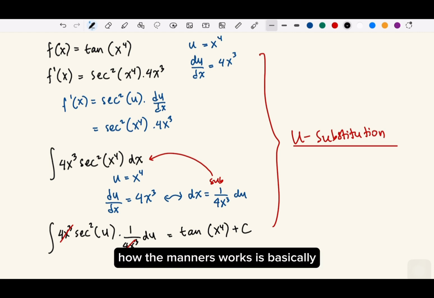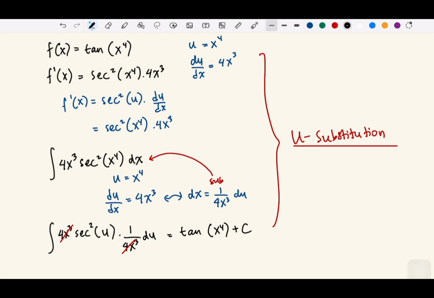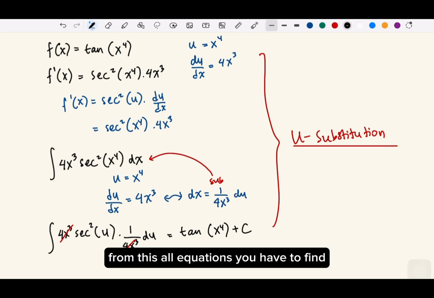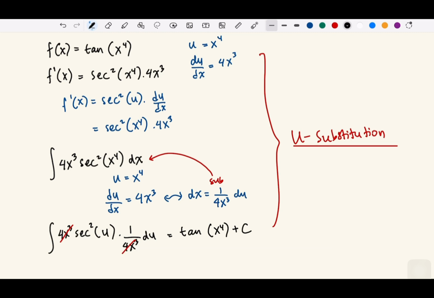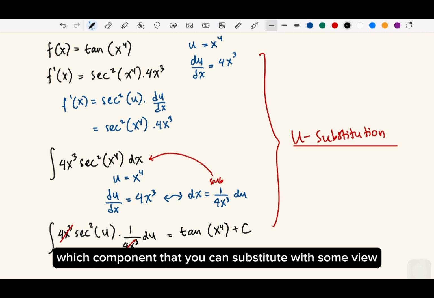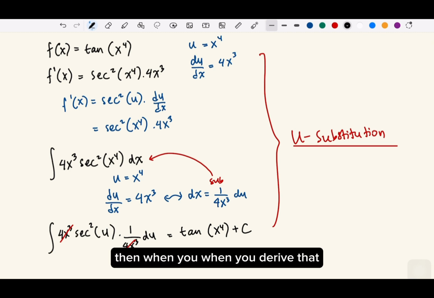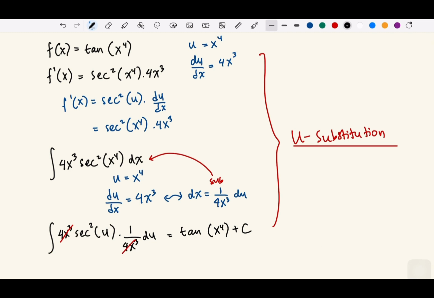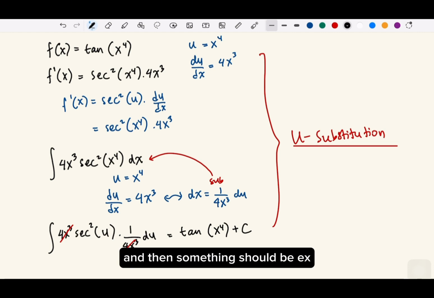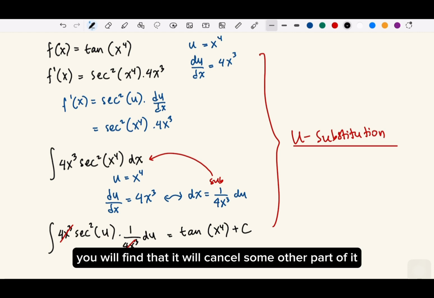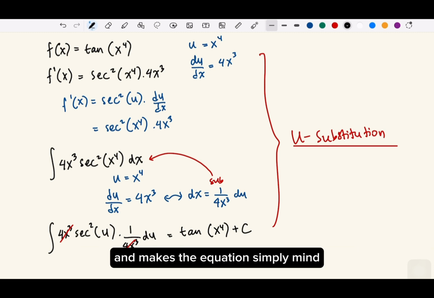So how the method works is basically from this whole integration, you have to find which component you can substitute with some u. Then when you derive that and then substitute the dx, you will find that it will cancel some other part of it and makes the equation simplified.